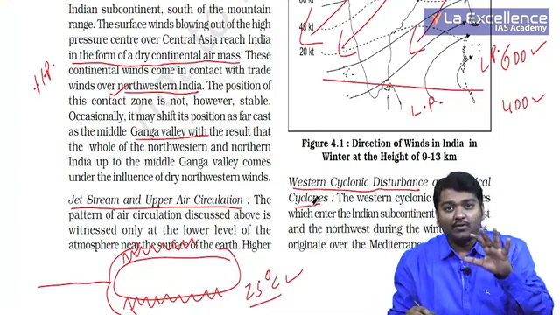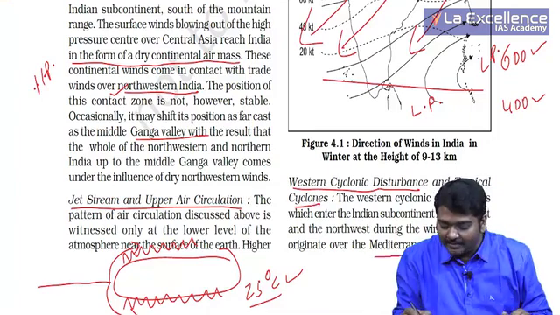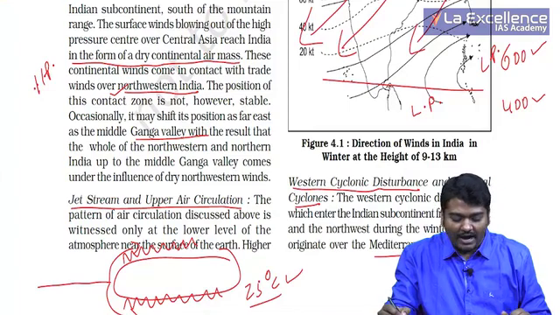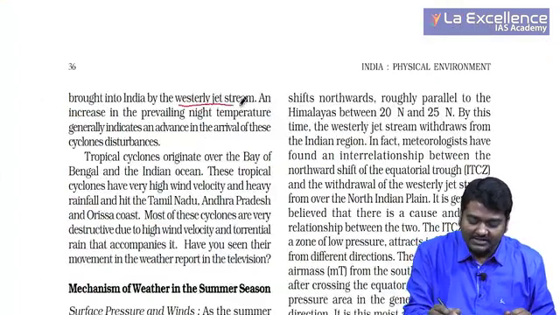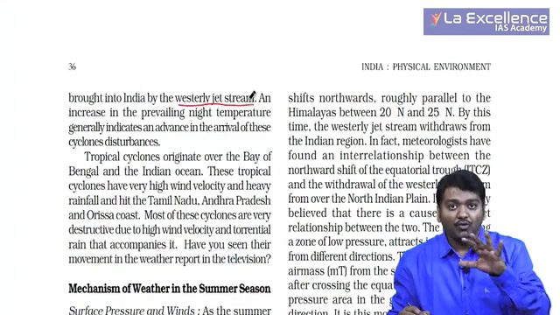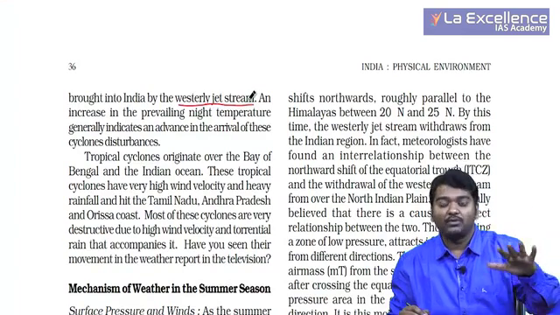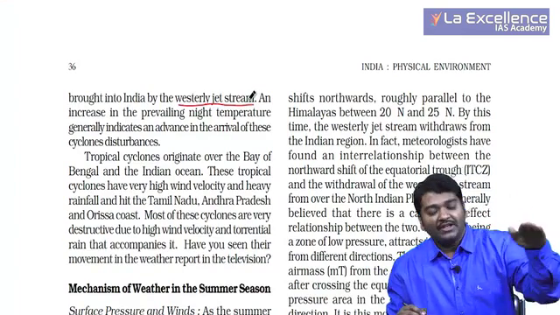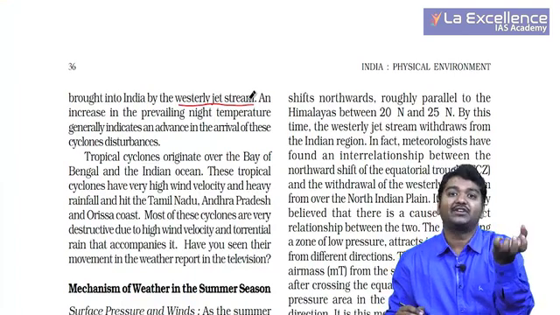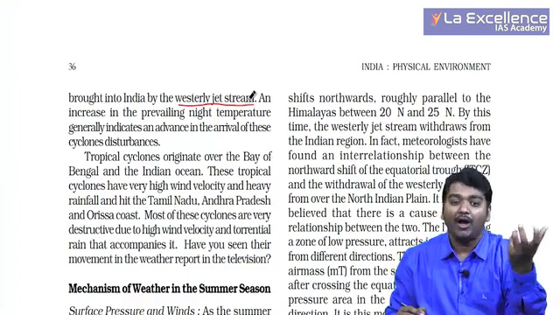The western cyclonic disturbances which originate in the Mediterranean Sea are brought into India by the westerly jet stream, and you know that whenever the winds blow, they blow from high pressure to low pressure. When the winds are coming, the temperature in the northwestern part of India will be a bit hotter.